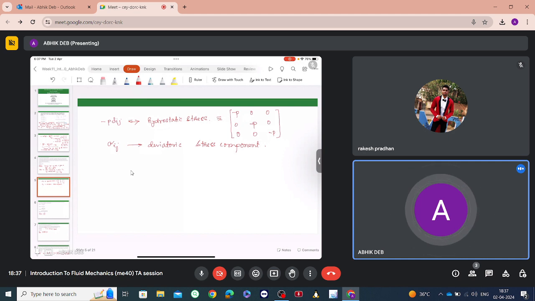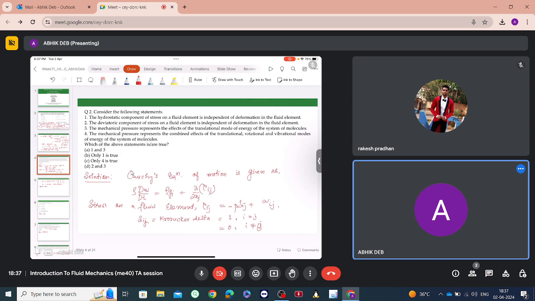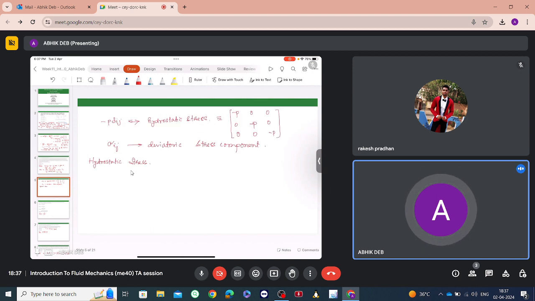This hydrostatic stress is independent of the deformation, because there is no deformation element shown here, right?